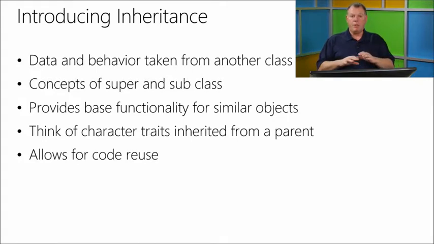And by supporting inheritance, it allows you to create a common base class that has functionality that would be common across a bunch of different subclasses and allows for code reuse. So you would create this basic functionality. In our example, the animal class, the animal has a color and it has a weight, and it has two methods called make noise and move.